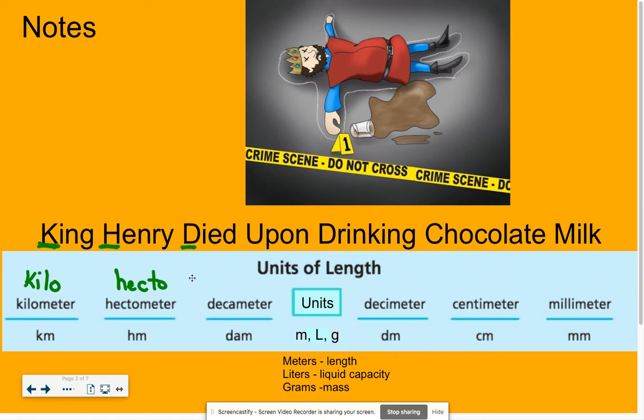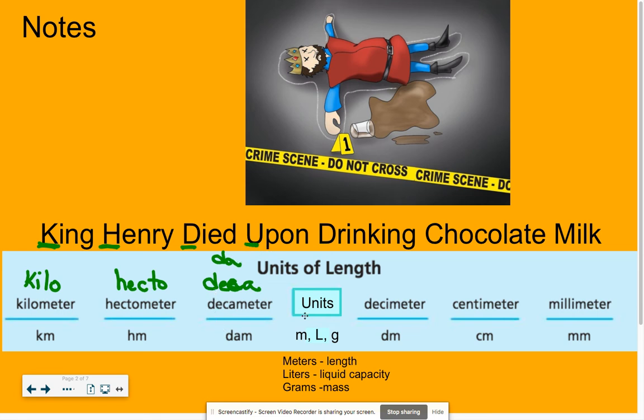The died part is deca. The abbreviation for deca, by the way, is DA instead of just the D. So DA is the abbreviation that goes into that one.